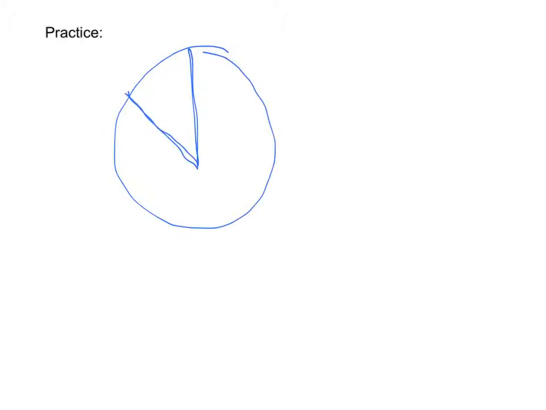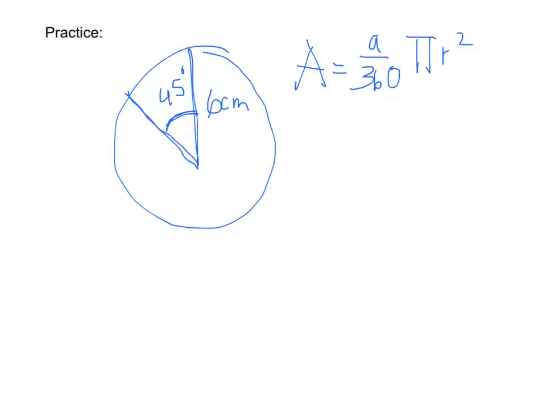So we're going to do a practice problem for the area of this sector right here. We're going to say that it looks about 45 degrees, and we're going to have a radius of 6 centimeters. So we have our formula, which is A over 360 times pi r squared, and we're going to plug in our values.